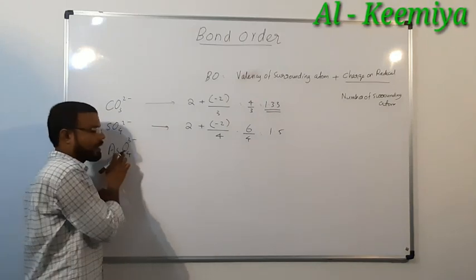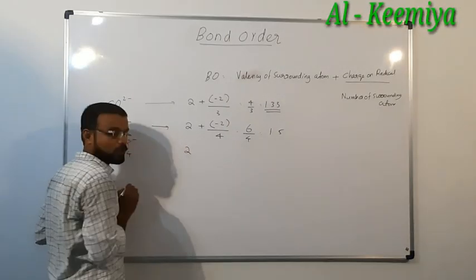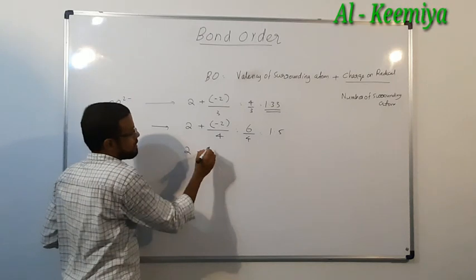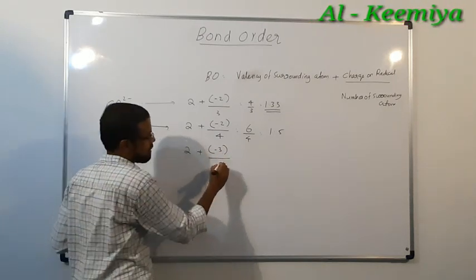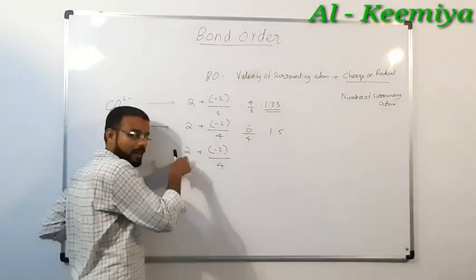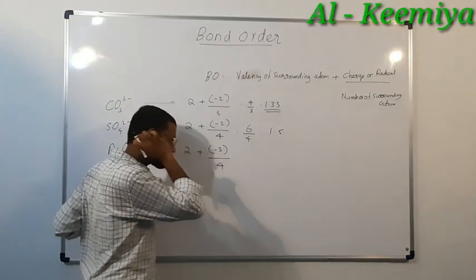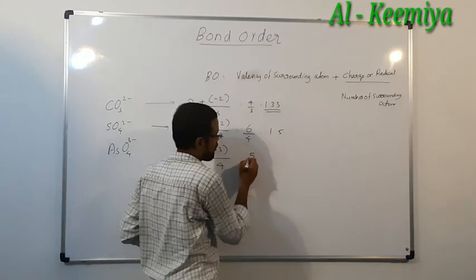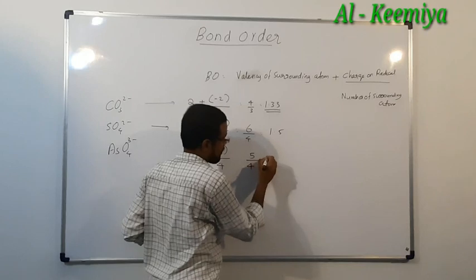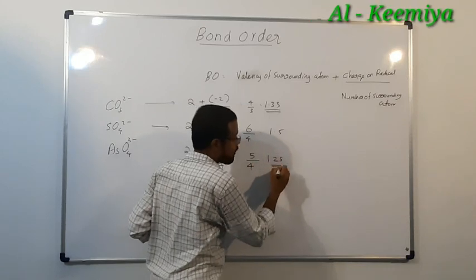Here the surrounding atom is oxygen, valency 2, plus charge minus 3, divided by the number of surrounding atoms, 4 into 2 is 8, minus 3 is 5, 5 by 4 is equal to 1.25, that is the bond order.